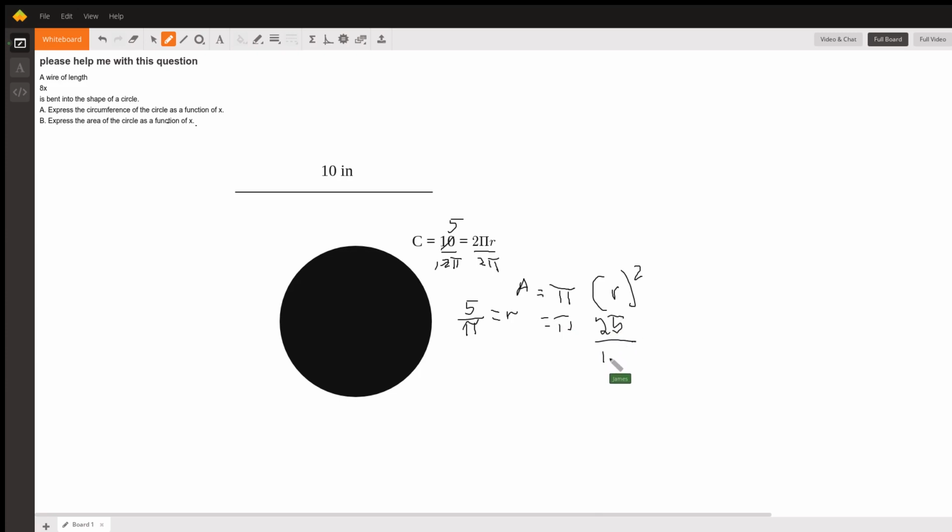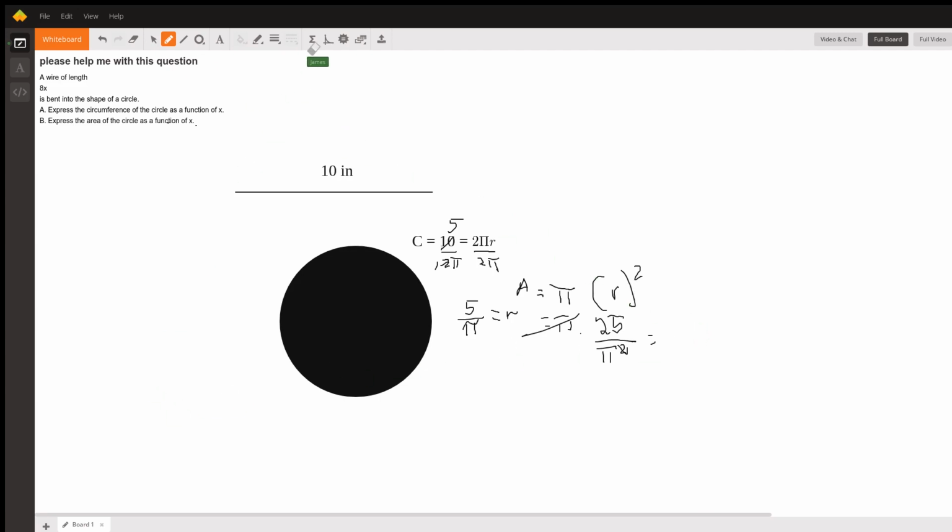Trust me when I say that's what 5 over pi squared is. We can cancel a pi out, and we end up with 25 over pi. So really, in order to be able to find the area later, we're going to need to be able to solve for r.